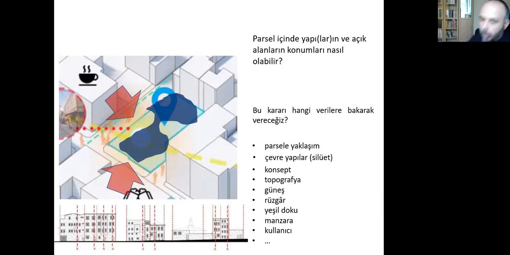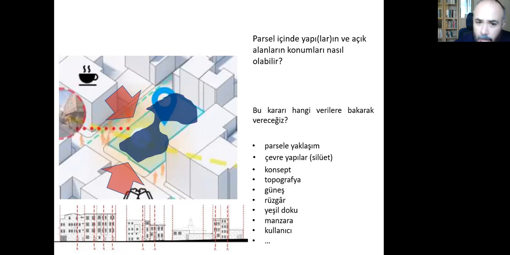I need to check my concept. I need to look at the topography, the sun, the wind, because I need to check my decision. Let's say that I decided to leave an open area here. However, it takes so much wind. Is it a good decision?